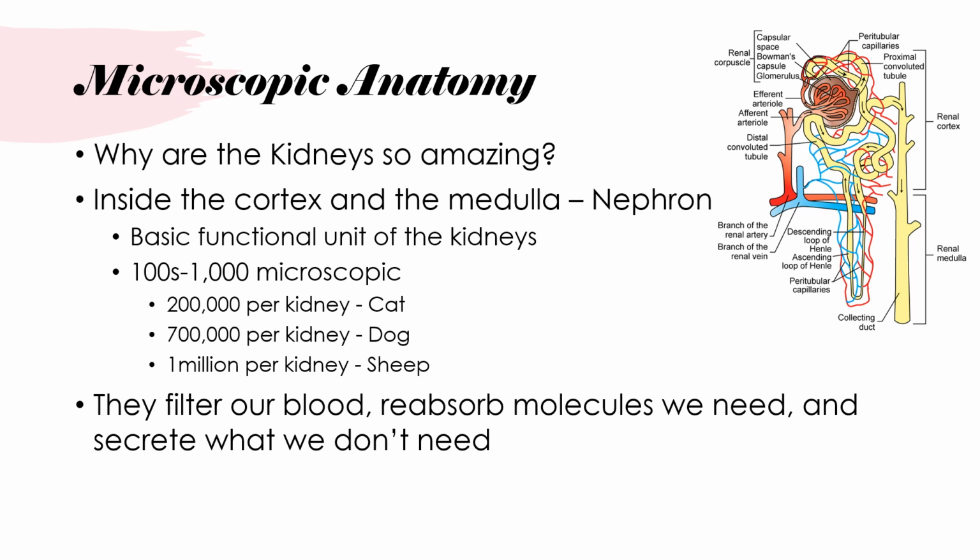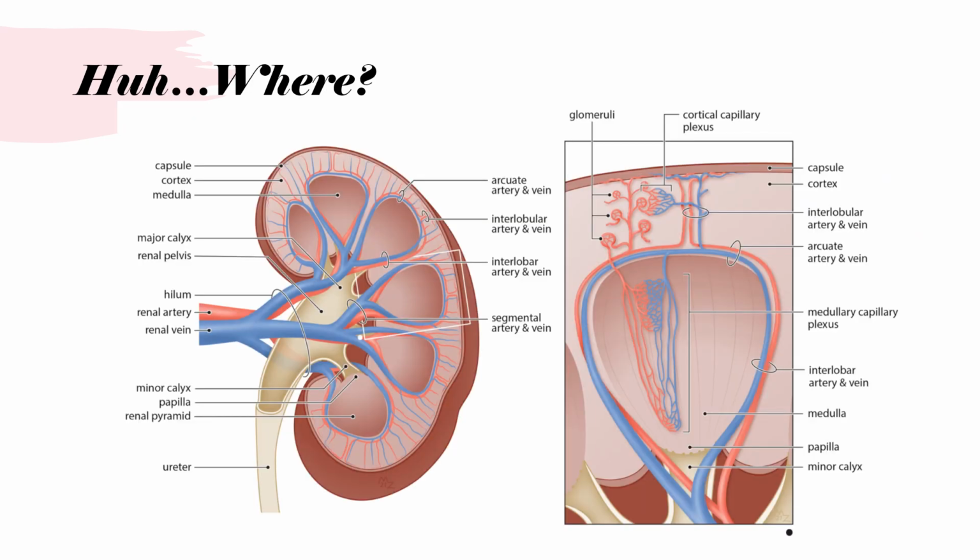Now, what does a nephron do? Well, it's going to filter out blood, it's going to reabsorb molecules that we need, and it's going to secrete what we don't need. All right, so looking at this picture, take time to just kind of see all of the different structures that we talked about, your cortex, your medulla, your calyx, your renal pelvis, your hilus or your hilum. We also have this renal artery. So artery is away from the heart.